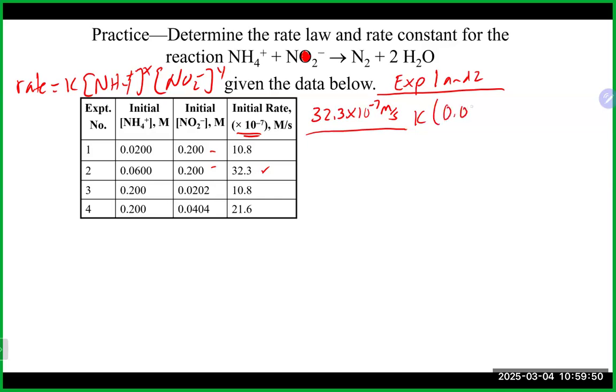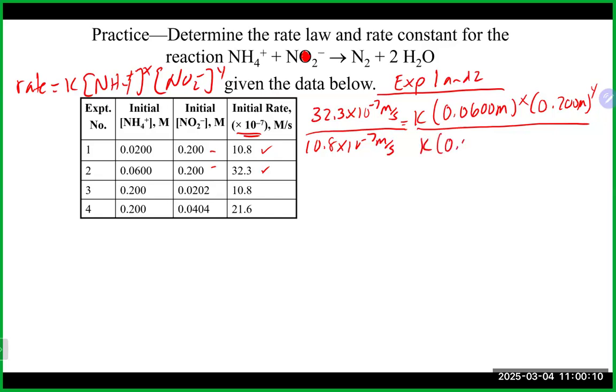You've got k times 0.06 molar to the X, 0.2 molar to the Y in that case. Now for experiment 1, 10.8, also times 10 to the minus 7 molar per second, equals k times 0.02 molar to the X, 0.2 molar to the Y. Doing a little dividing, that gives us basically 2.99, which is pretty close to 3.